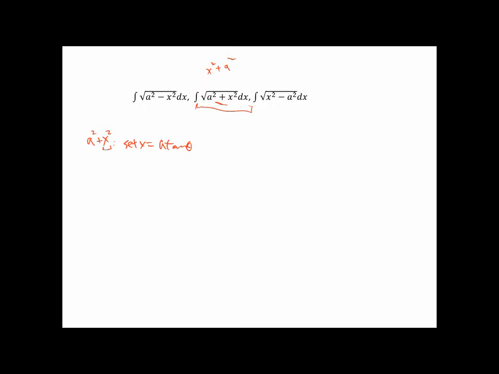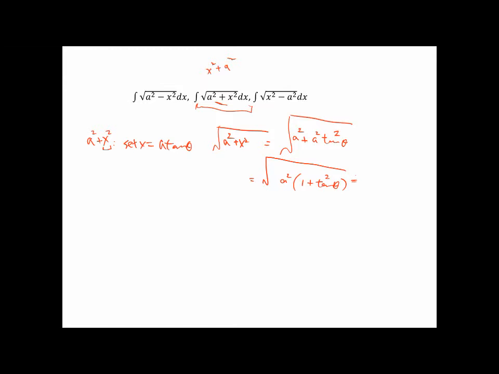So here x equals a tangent theta, and then your square root of a squared plus x squared equals the square root of a squared plus a squared tangent theta squared, and take the a squared out, 1 plus tangent theta squared.